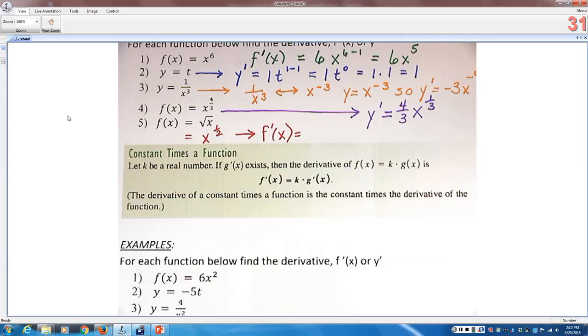This says that you bring the power down in front and you decrease the power by 1. So what power do we have? Okay, the power's 1/2, it drops down in front.